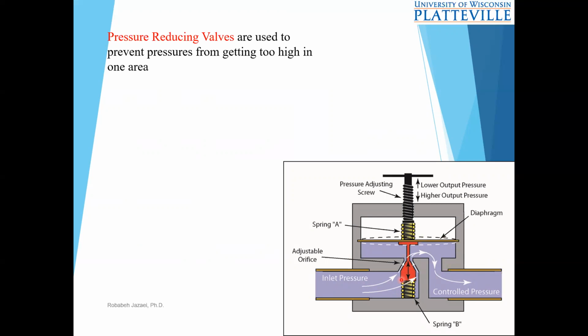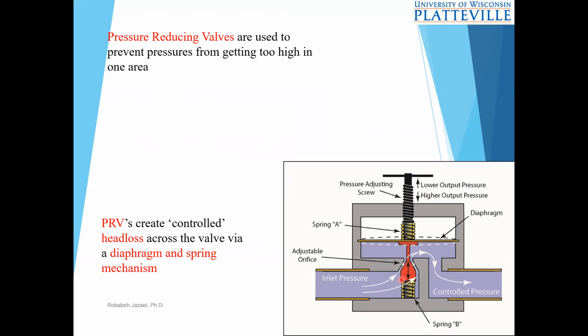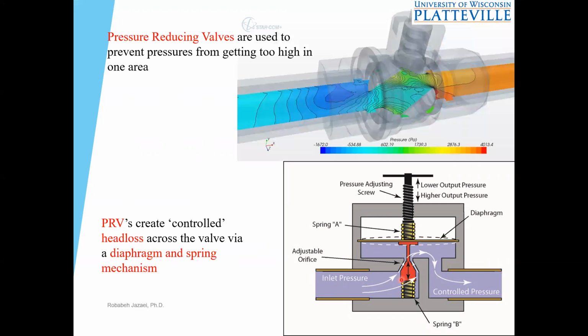How can we analyze these PRVs? Usually we use CFD analysis to analyze the flow inside the piping if it's getting very complicated. But for now, a lot of things we can do manually and analyze the system without any software.